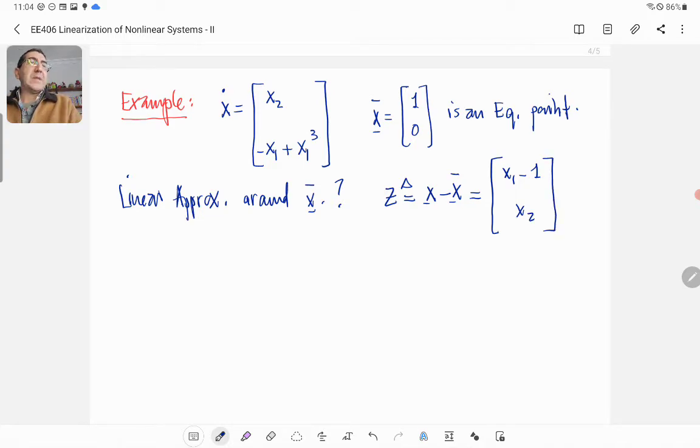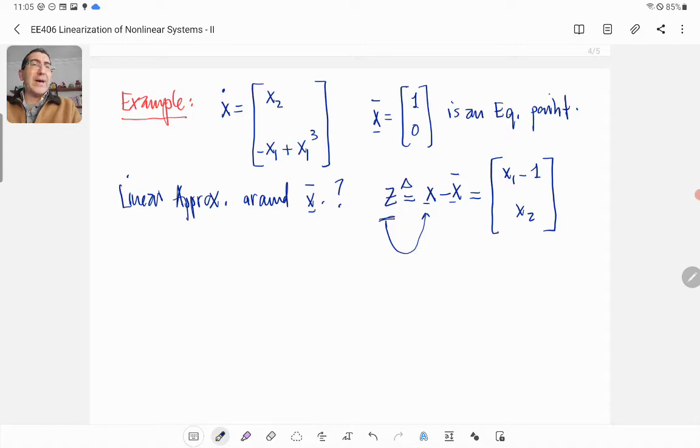Okay. So later on, this is important because you have to always remember that your approximation is valid in terms of this new state. That means in terms of deviations around the chosen equilibrium point. Okay. Any solution that you find, if you want to go back to the state x, you need to consider this equation in order to go from the solution for z into the solution for x.